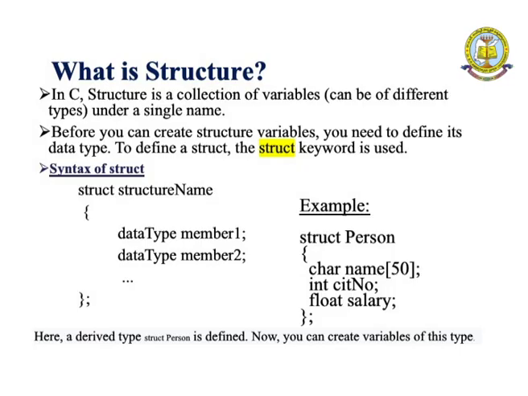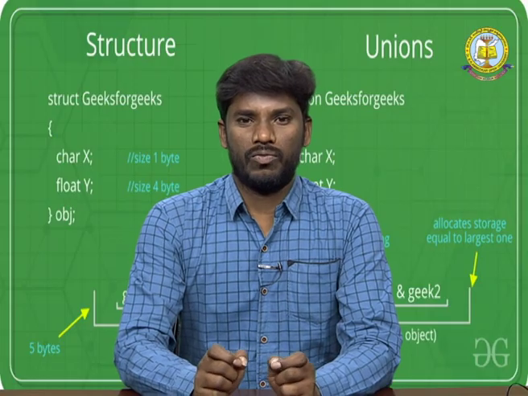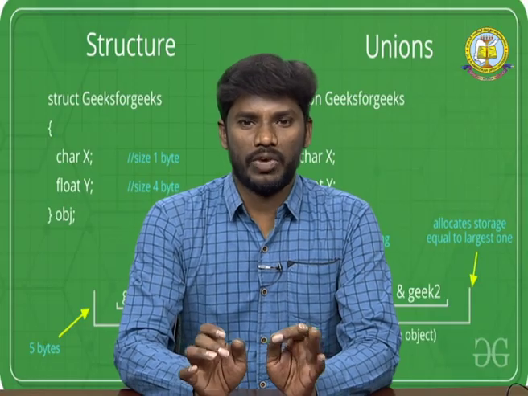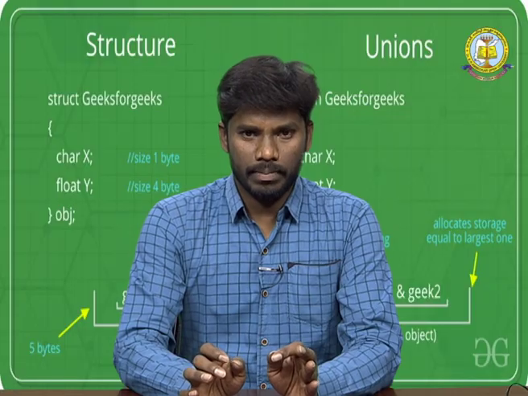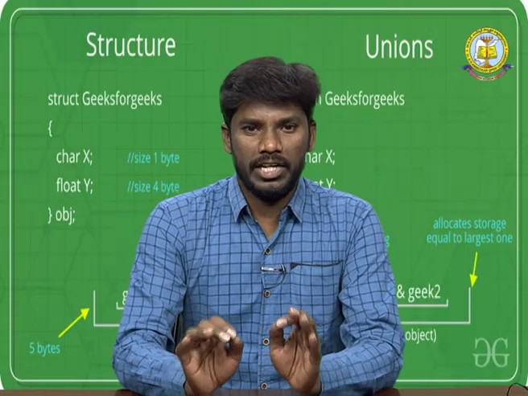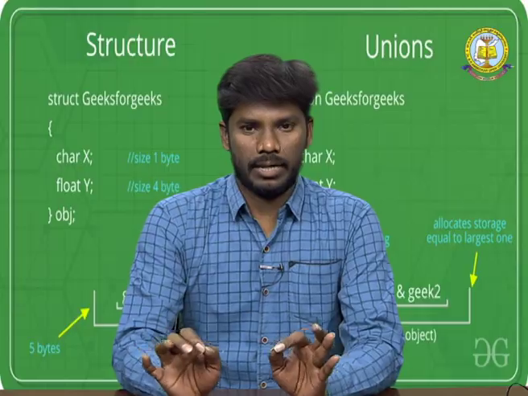We can't store different types of elements in an array. Meaning if you declare an array as int a of 5, we can store only 5 elements maximum, and that too only integer data type, not other types.